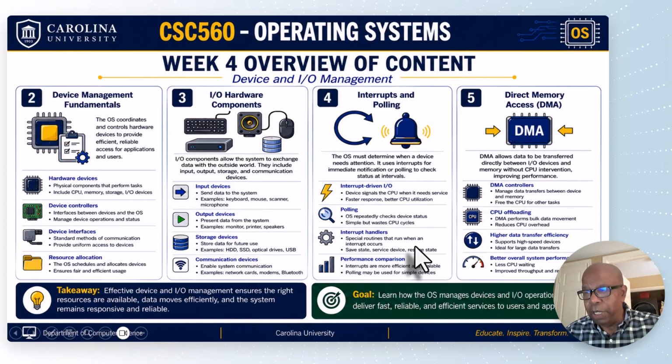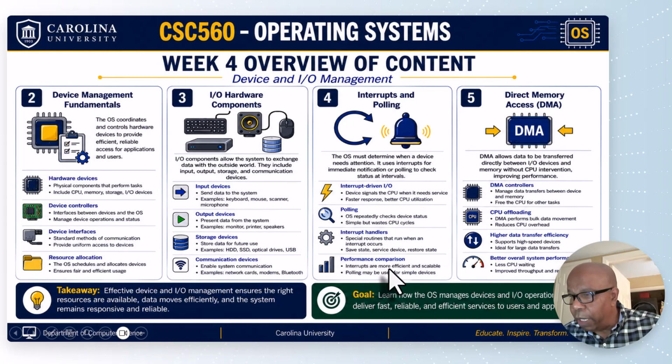So when I have an interruption, I'm going to run this special interrupt program that captures what the problem is and notifies the operating system, and you see it on the screen. Then for performance comparison, interrupts are more efficient and are scheduled. Polling may be used for simple devices.